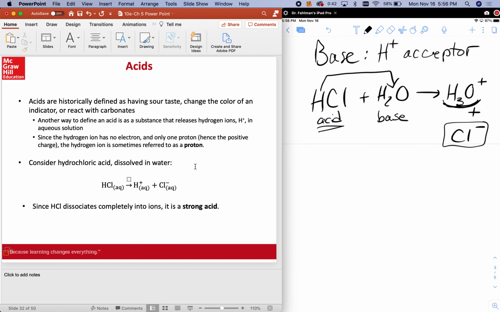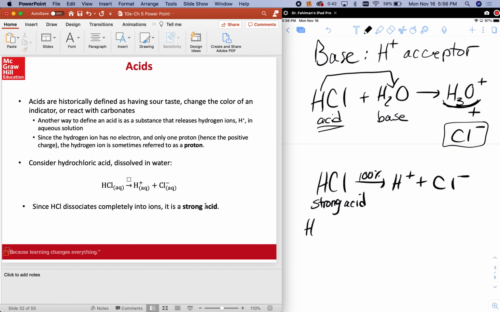And not unlike what we talked about with electrolytes, if it's a strong acid, it is 100% dissociated. So HCl would be a strong acid. Some other strong acids: you've got HCl, you've got HI, HBr, HNO3, which is nitric acid. This is hydrobromic acid.